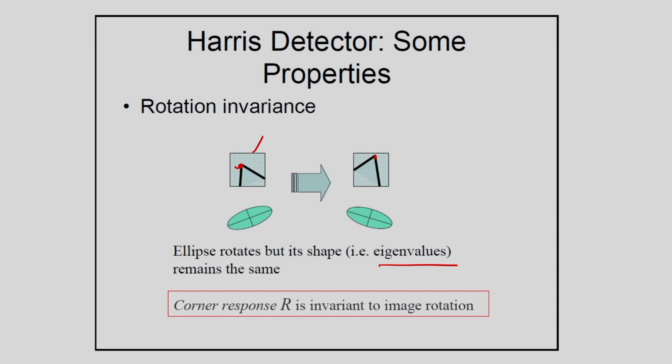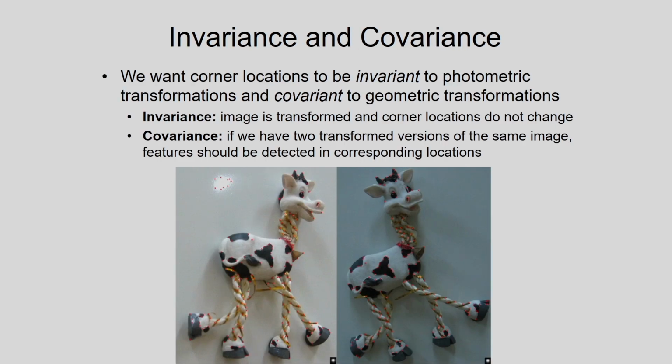So in this example I have shown that the corner point is rotated, but what is happening? The eigenvalues remain the same in both the cases, and that is why the corner response R is invariant to image rotation. And this concept I have already explained. What is the meaning of covariance and invariance? So what is invariance?